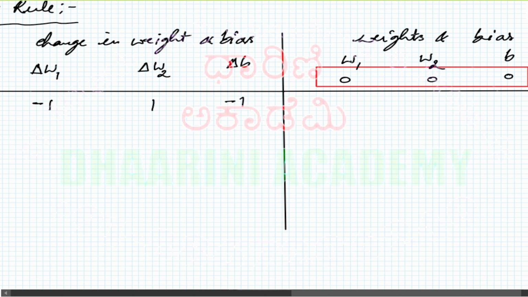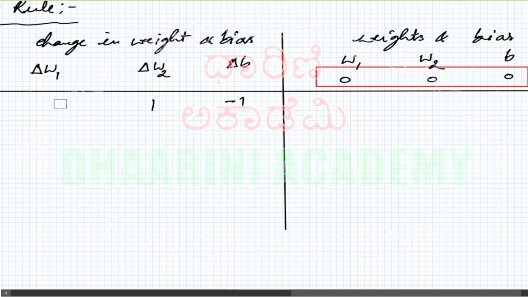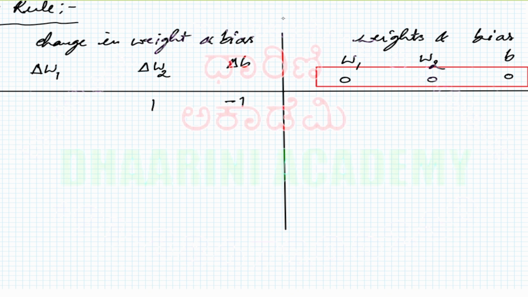Now w1 plus delta w1 gives you the updated value of the weight, correct? Sorry, minus 1, I think I made a mistake here. This is plus 1, right? Just please verify this. Delta w1 is plus 1. Am I right?